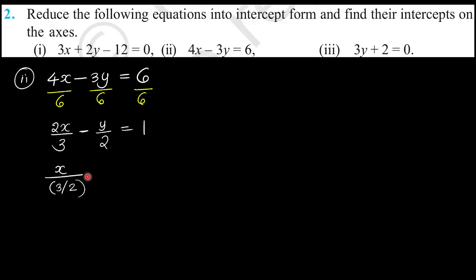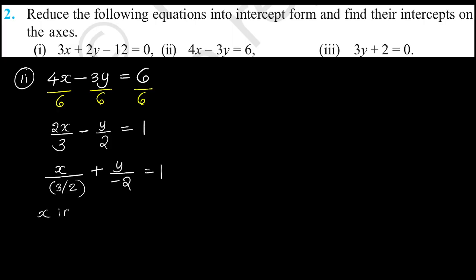Plus is required after that. Plus y by b. The negative sign can be taken to the denominator side. There is no mistake in that. Negative can be taken to either numerator side or denominator side. Now it is x by a plus y by b equal to 1.